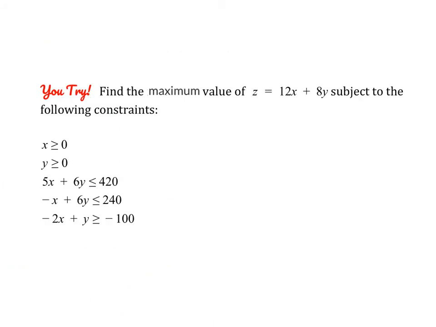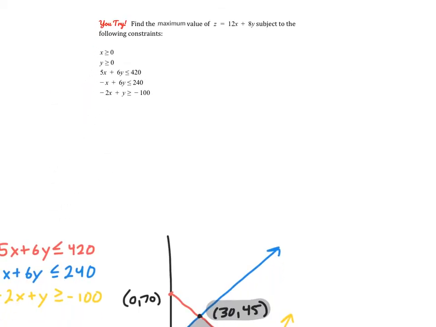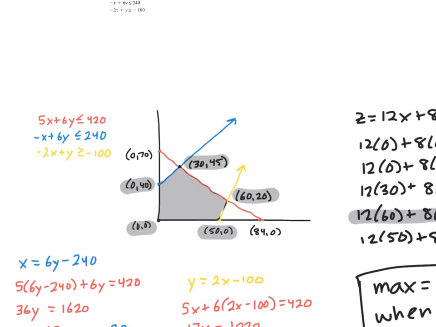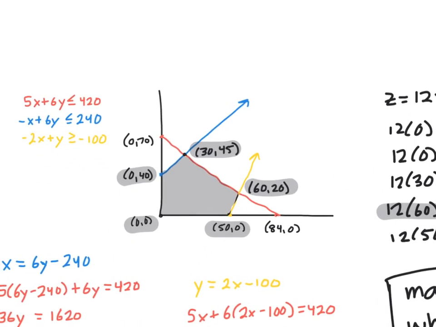All right, so go ahead and pause the video and see if you can find the maximum value of this function. All right, let's have a look at your work here. So you can see that I graphed the 3 functions. So I have my red function, my blue function, and my yellow function. Here's the solution set. So here I have 5 coordinates.